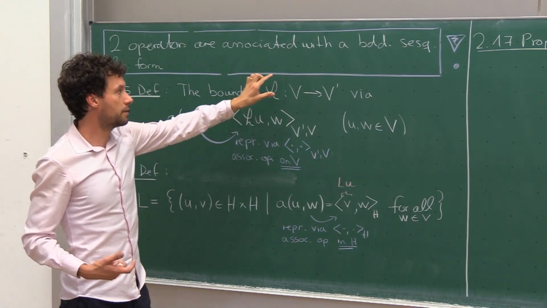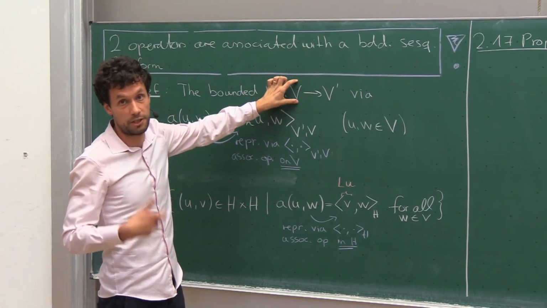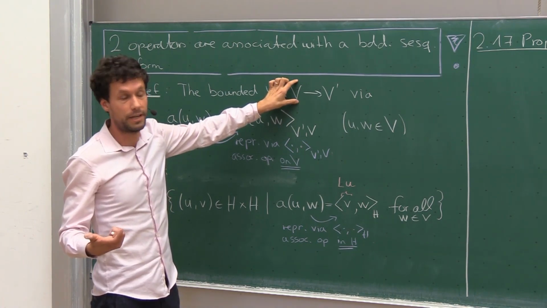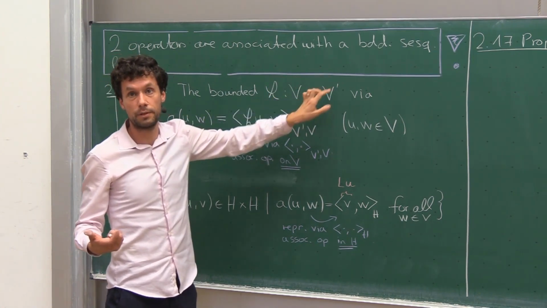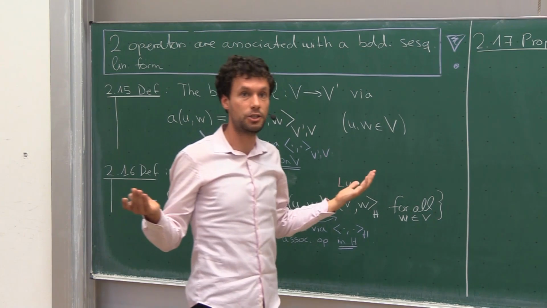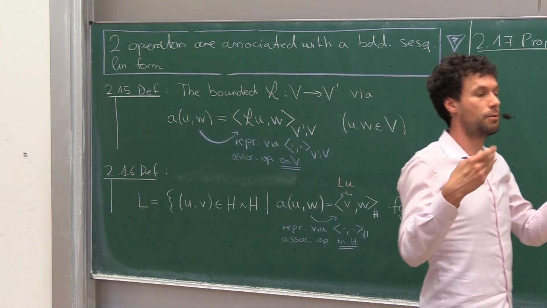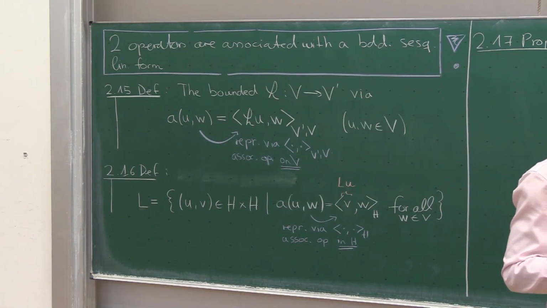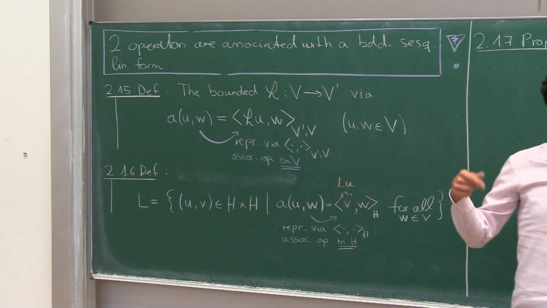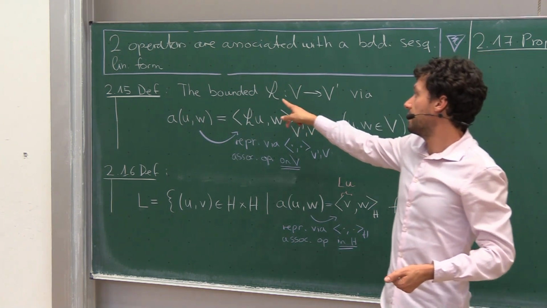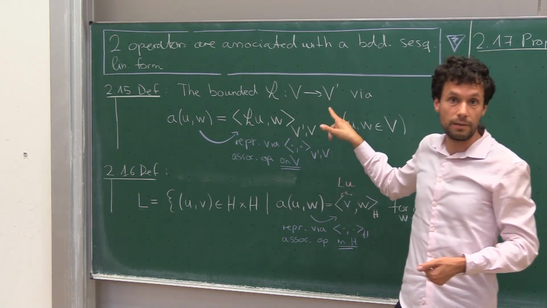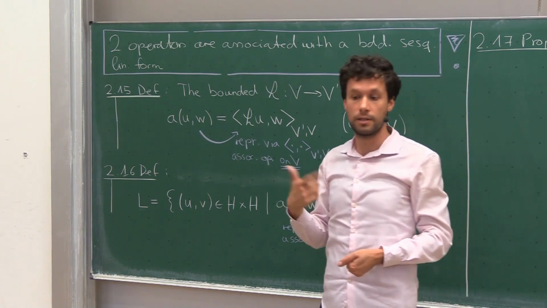Okay? Maximal restriction means this guy maps V, which is a subspace of H, into V prime, which is potentially larger than H. And so if I want to restrict it to an operator in H, I just have to single out all the elements where the L not only maps into V prime, but it maps in the smaller space H. Okay?